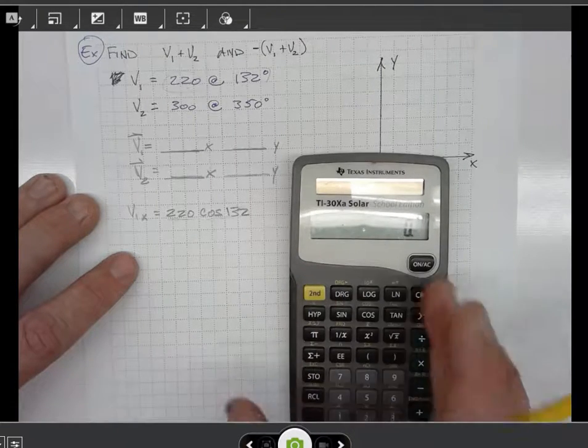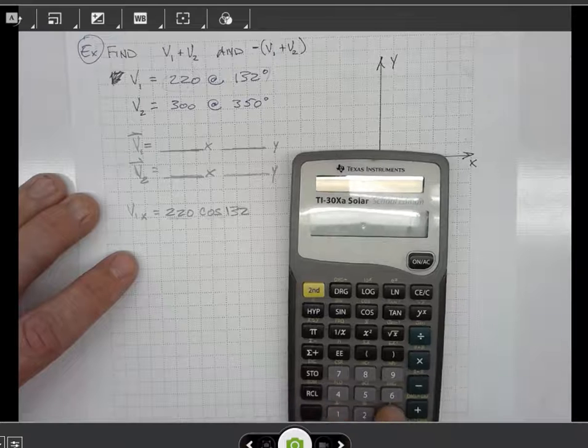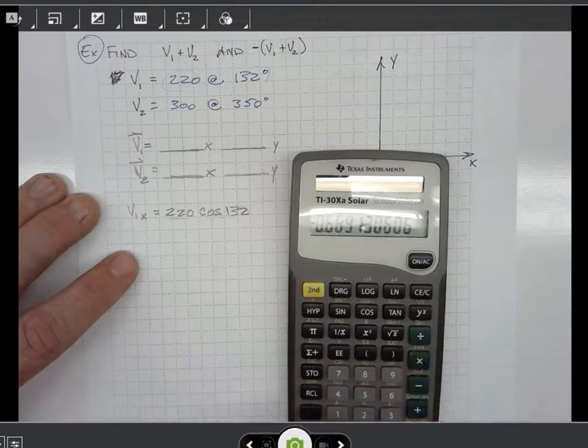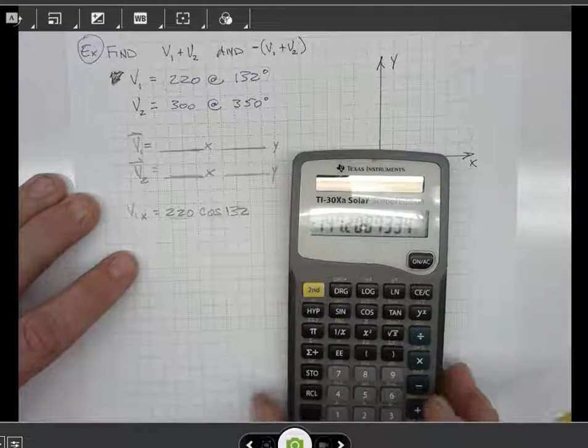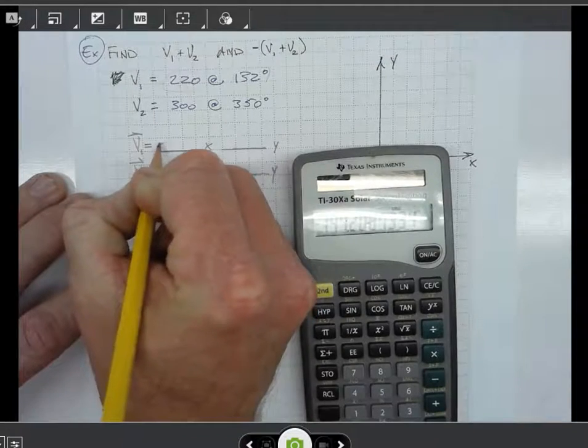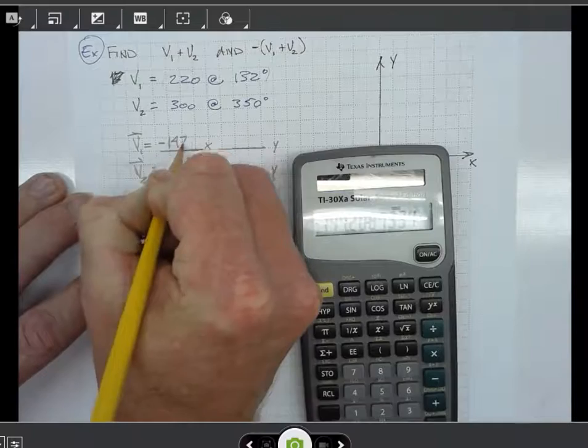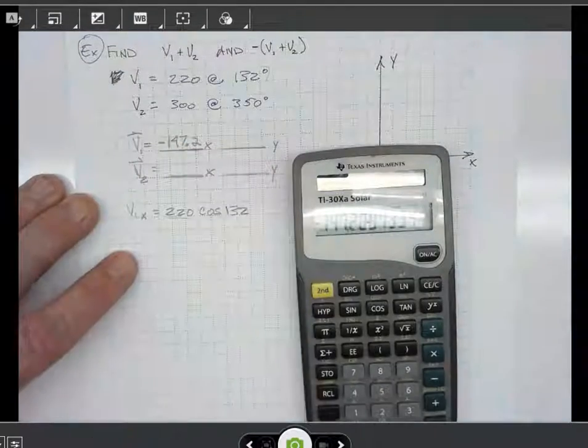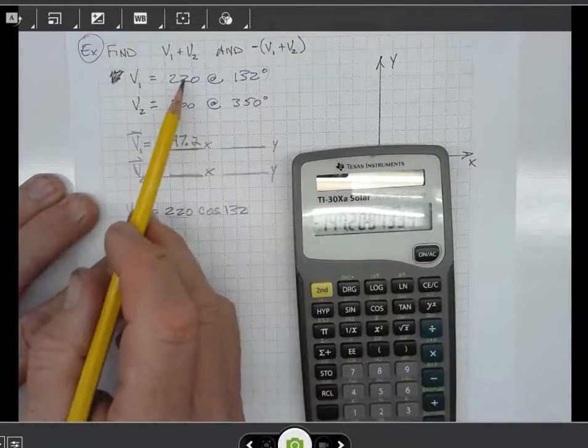Let's try that again. 132 cosine times 220, and that gives me an x component of negative 147.2.